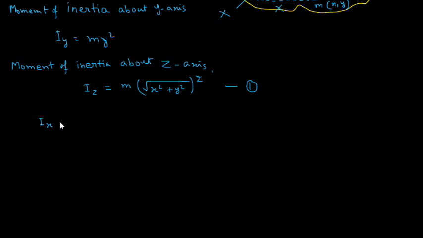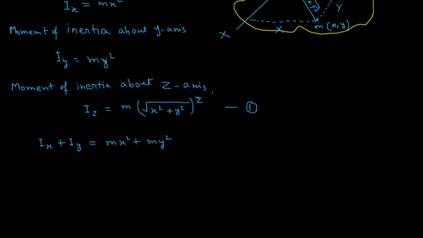Now Ix plus Iy we can write as m x square plus m y square. So now you have to understand the figure here.